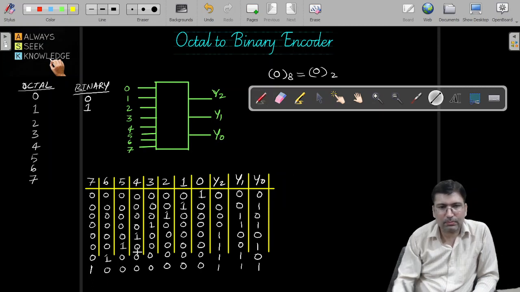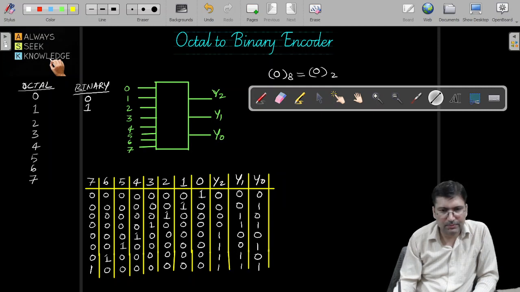So now let's find the Boolean expressions for y0, y1 and y2. I hope it is not very difficult to write them, because we already know where each function is high, so we can easily write it. This is the truth table.